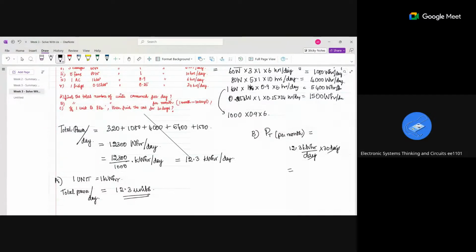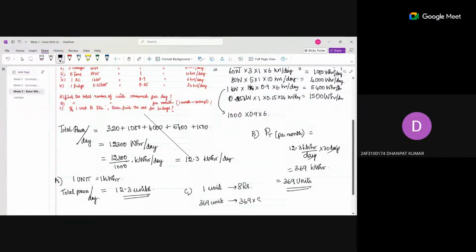What is the answer? 12.3 into 30, right? 369 kilowatt hour. So here also, since you are finding it in units, 369 units. Then C. 1 unit is 8 rupees. 369 units, multiply by 8.